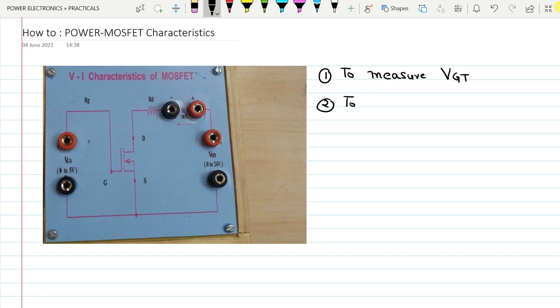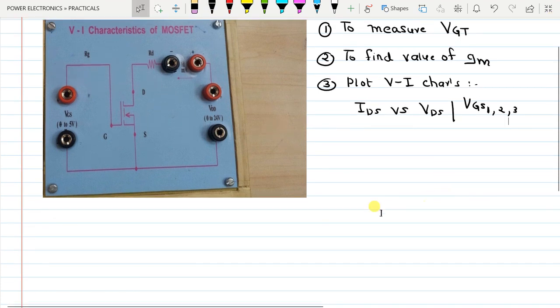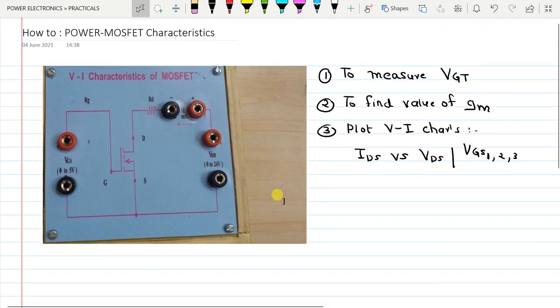Second is to find the value of transconductance gm, and third is to plot the VI characteristics of power MOSFET, that is, a plot of IDS versus VDS for different constant values of VGS: VGS1, VGS2, VGS3. So now we will paste the kit again to show how to connect the different meters.